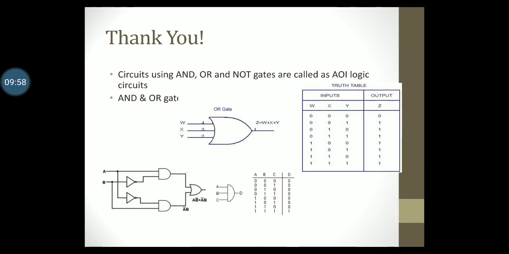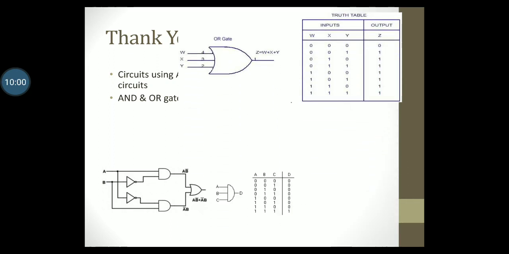Similarly, if you have an OR gate with 3 inputs. If all the inputs are 0, the output of the OR gate will be 0. However, if any of the 3 inputs is 1, then the output of the gate will be 1. NOT gate has just one input and only one output.